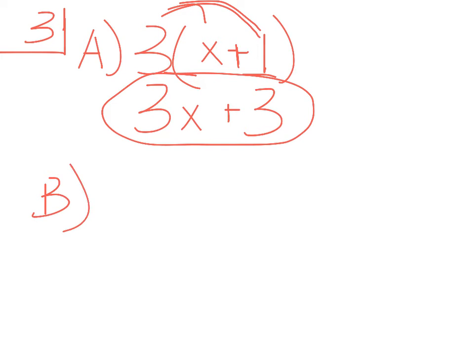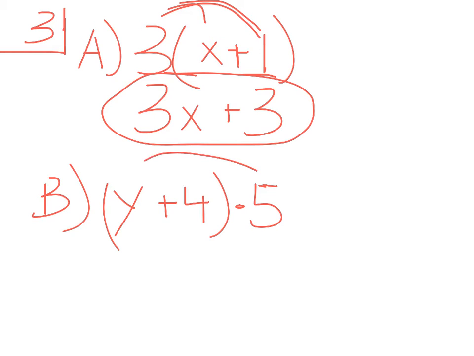And then we've got B, which is y plus 4 in parentheses, times 5. And again, you can't do y plus 4. That's not 4y. They're not multiplying, they're adding, and they're not like terms, so you can't put them together. So you move past that, you go into multiplication, so we end up distributing the 5.